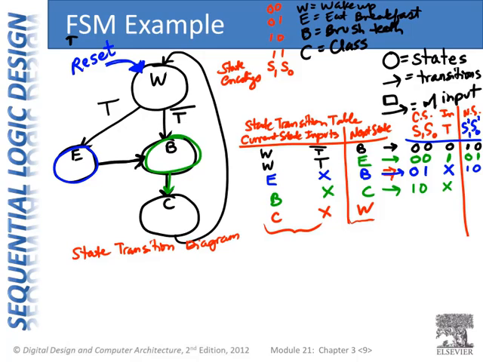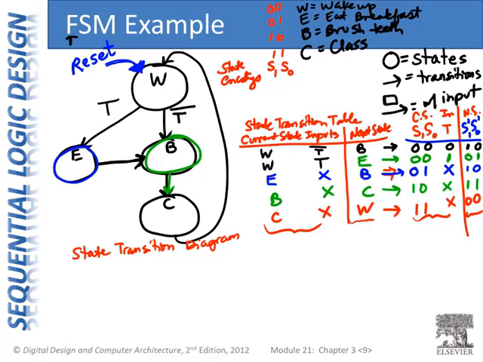T is a don't care. And the next state is C, which is 1, 1. Now we have C, again 1, 1. Don't care on our inputs. And the next state is W, which is 0, 0. Okay, so that looks a lot like a truth table. We have some binary values and don't cares on the left, and some values on the right.